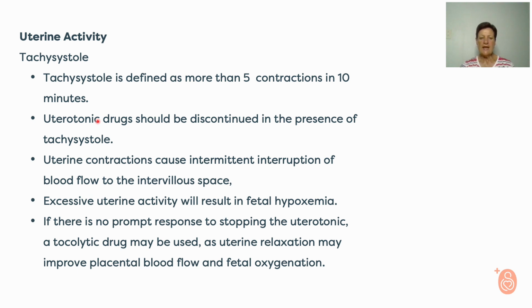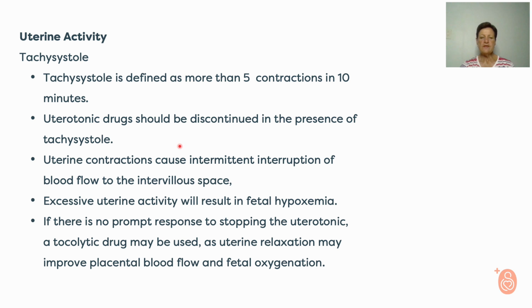Oxytocin and prostaglandins. Now, what happens if you again remember the uteroplacental blood circulation, that picture of ours, and that the maternal spiral arteries going to the placenta are being occluded during contractions. We see that in this case it's been occluded, and then the moment that the uterus relaxes, new oxygen goes to the intervillous space, but then almost immediately the uterus starts contracting again.